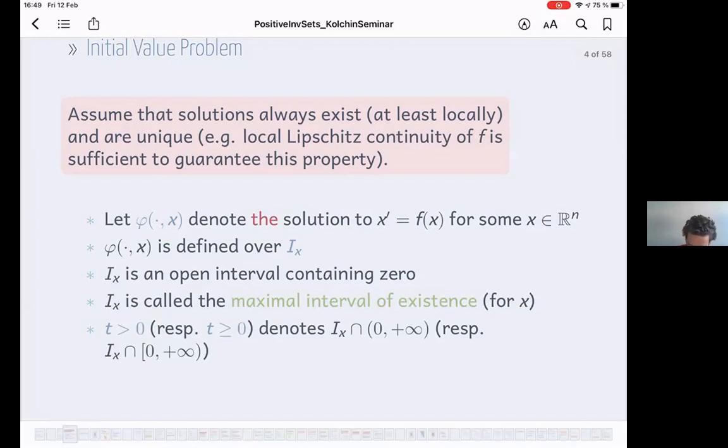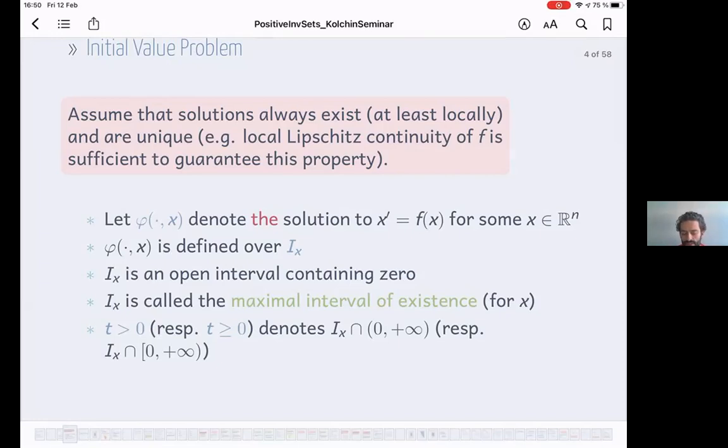This is kind of a custom notation. So phi dot x, meaning that I start somewhere in the space at x, and the dot stands for the time. So whenever I set up t there, it's going to be really the action of the group that takes x to phi t of x. Okay.